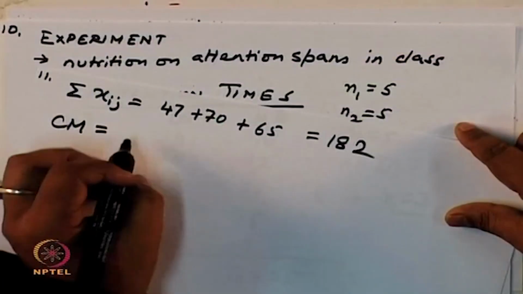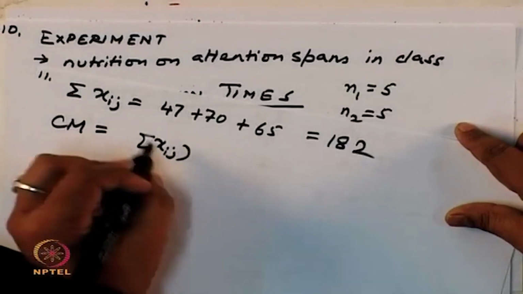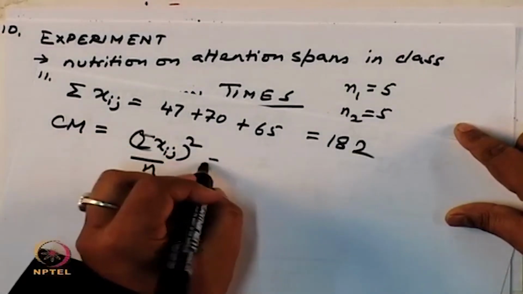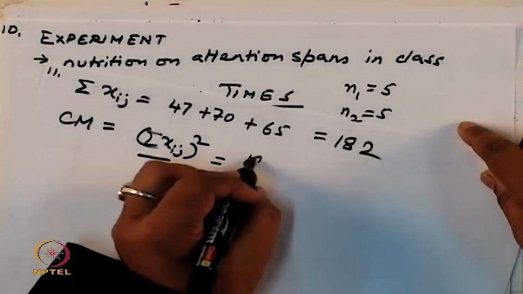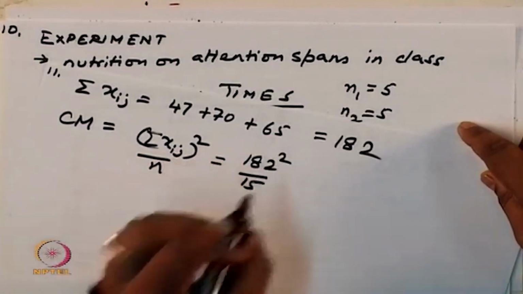So, your C m, the correction for the mean, is summation x I j whole square by n, which should come out to be 182 square by 15.